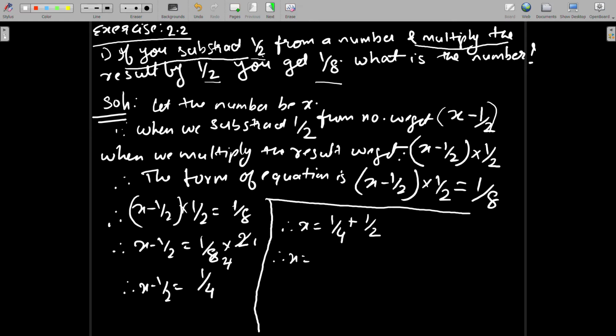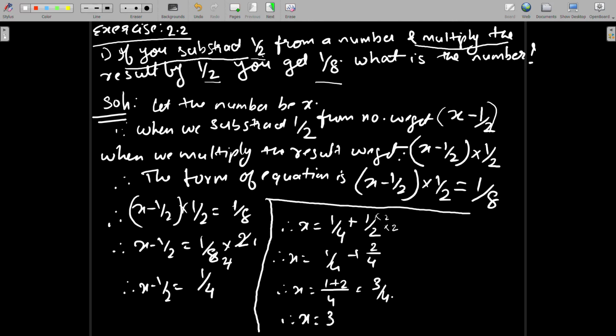Therefore, x is equal to 1 by 4 plus 2 by 4. What am I doing? I am multiplying this part of the equation by 2 and by 2 to have a common denominator. So x is equal to 1 plus 2, denominators are same, so this will be 1 plus 2 by 4. So it is equal to 3 by 4. So what is that number?